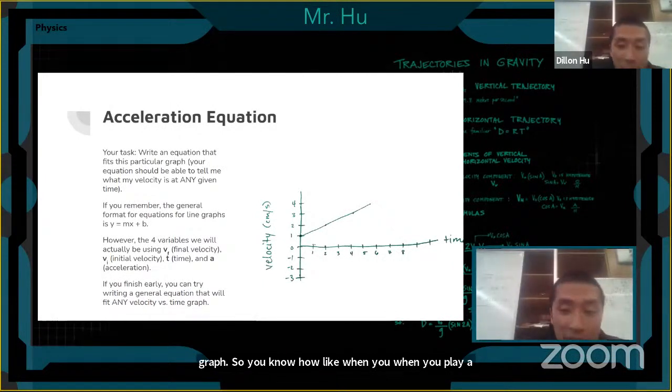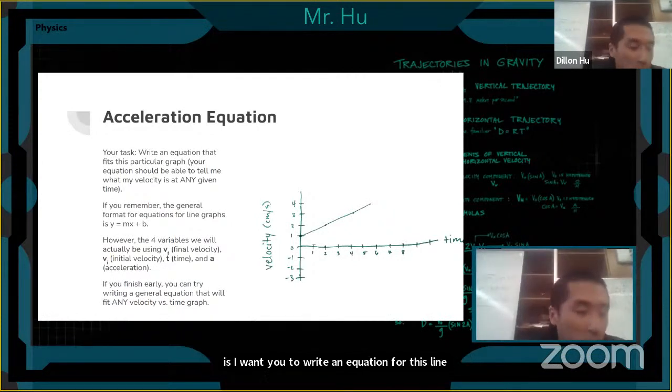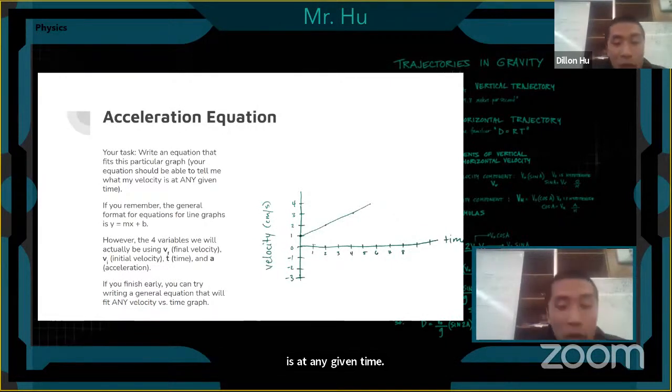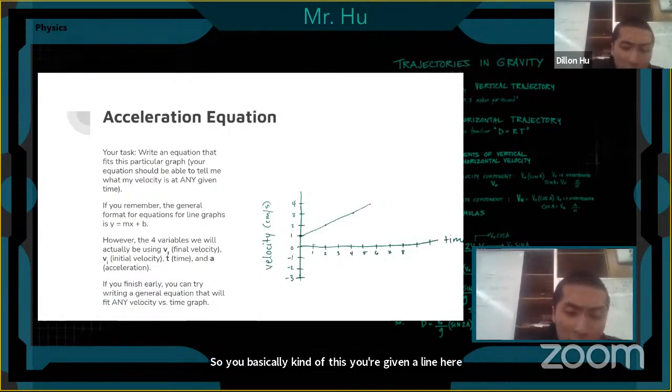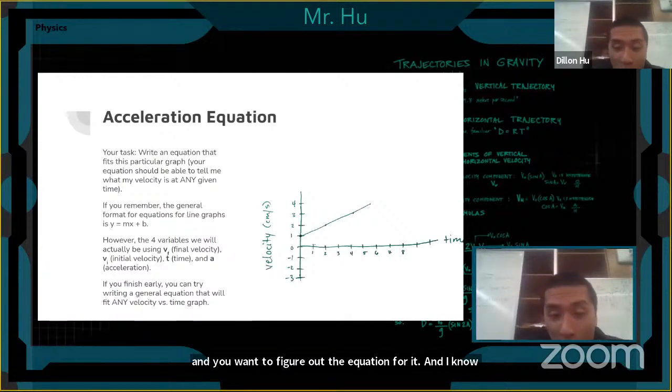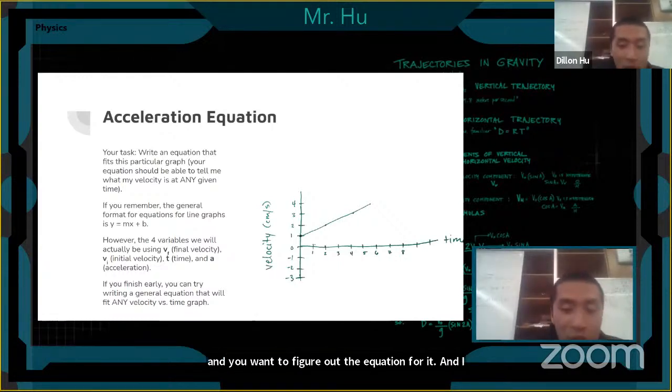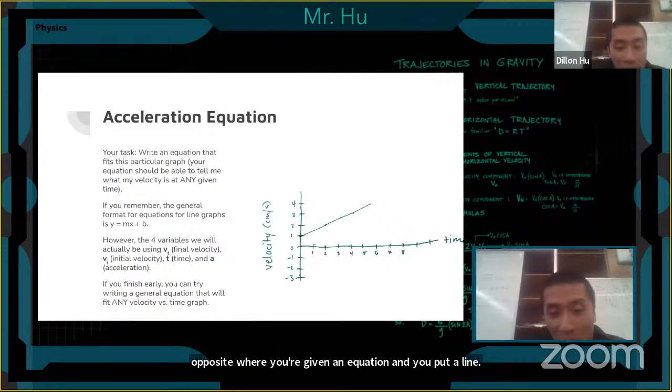This is the exact same thing. I want you to write an equation for this particular graph, so that I can know what my velocity is at any given time. You're given a line and you want to figure out the equation for it. In a lot of classes, you probably have the opposite, where you're given an equation and you plot a line. This time it's going to be the opposite. You have a line and I want you to find an equation for it.